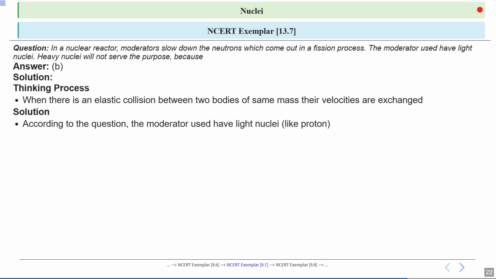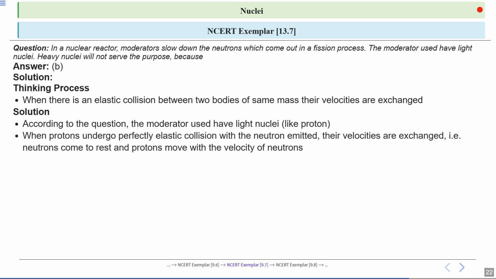In a nuclear reactor, moderators slow down neutrons using light nuclei like protons via elastic collisions. In elastic collisions, neutrons transfer all their energy to lighter nuclei and their velocities get exchanged. That is, neutrons come to rest and protons move with the velocities of neutrons.